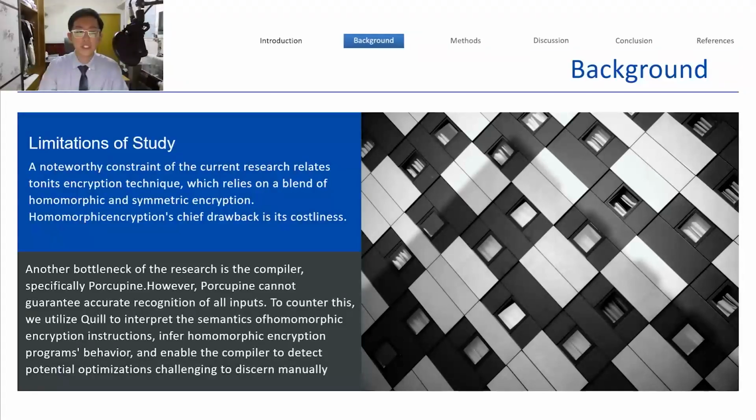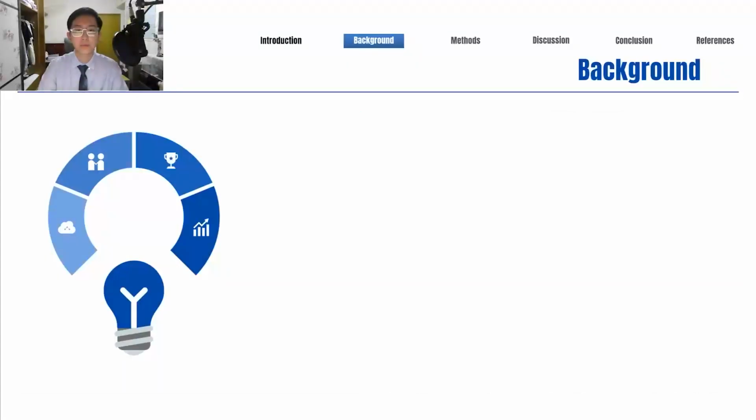To counter this, we utilize Quill to interpret the semantics of homomorphic encryption program's behavior and enable the compiler to detect potential optimizations, changes to discrete manually.